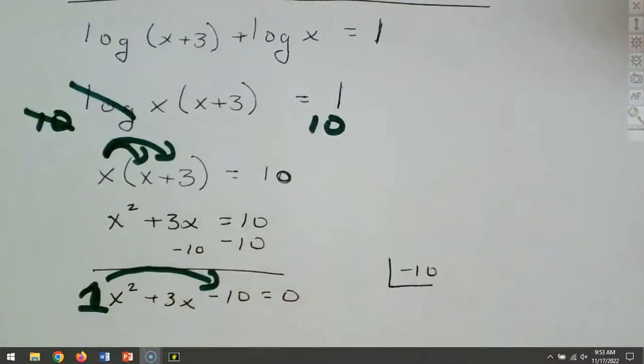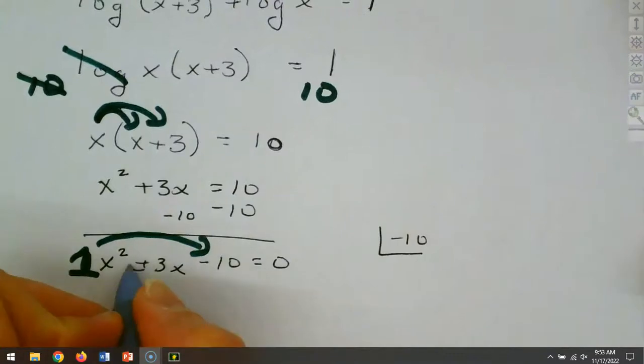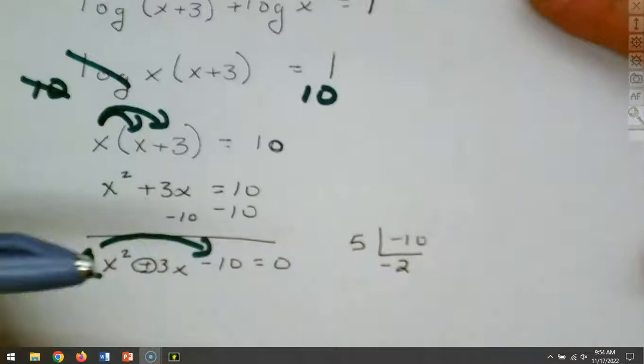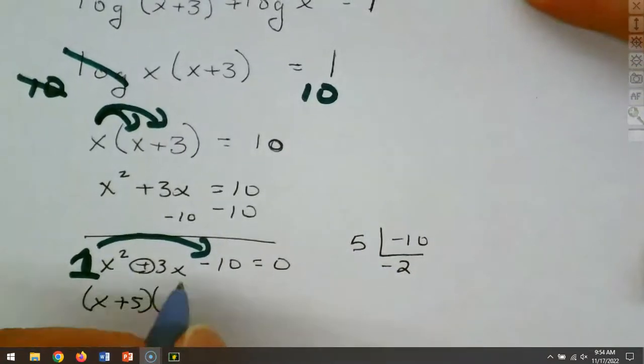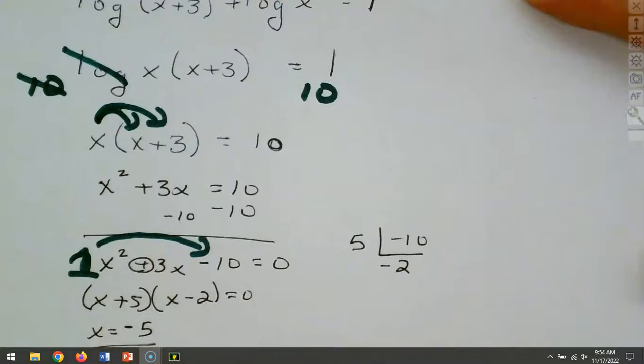What two numbers multiply together to give you negative 10 and subtract from each other to give you 3? The middle sign is positive, so we need a positive 5 and a negative 2. So we have x plus 5, x minus 2 equals 0. That gives me x equals negative 5 and x equals 2.